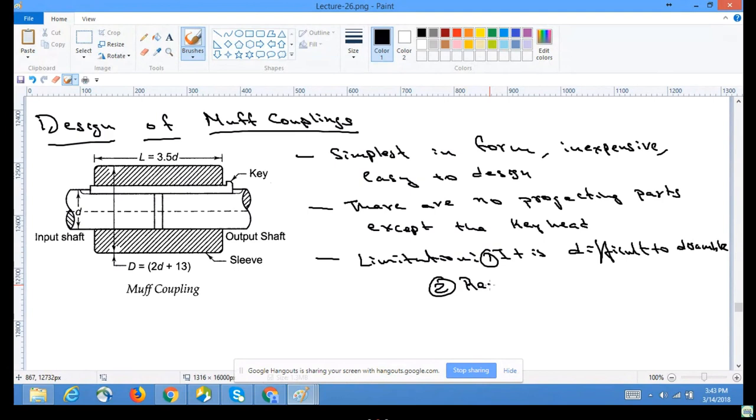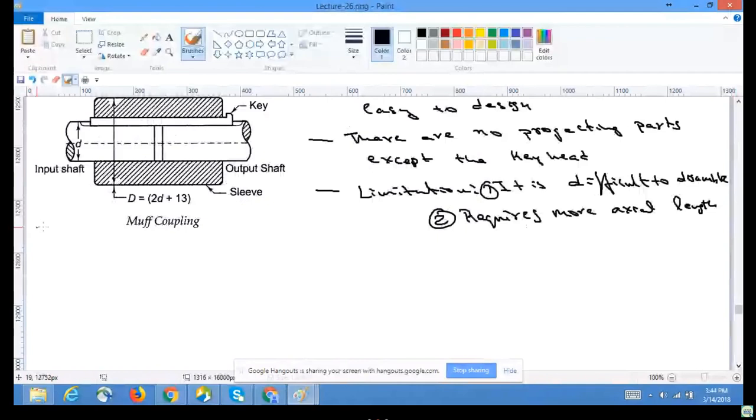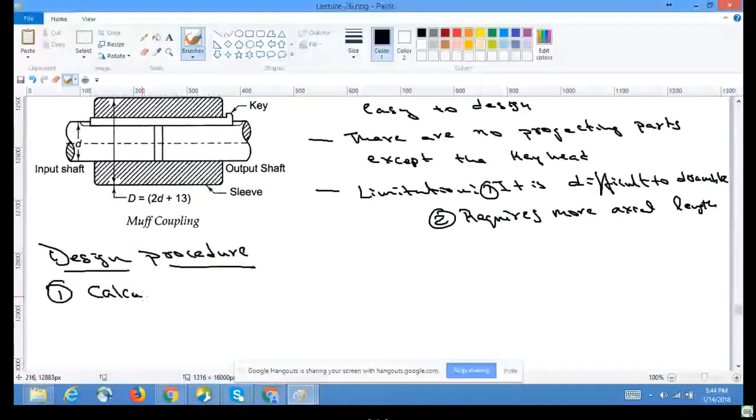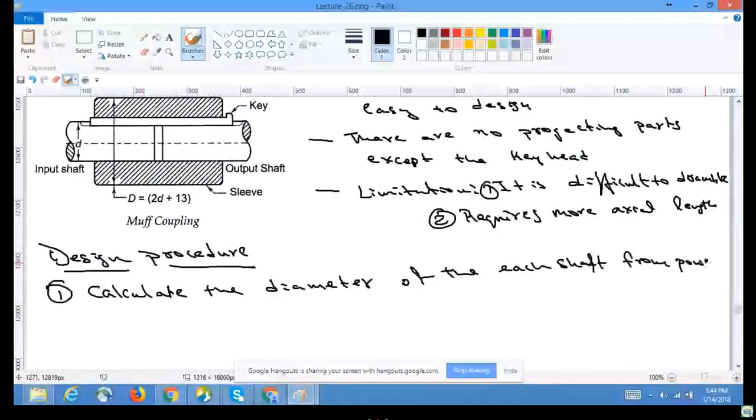So the design follows this design procedure. First, calculate the diameter of the shaft.